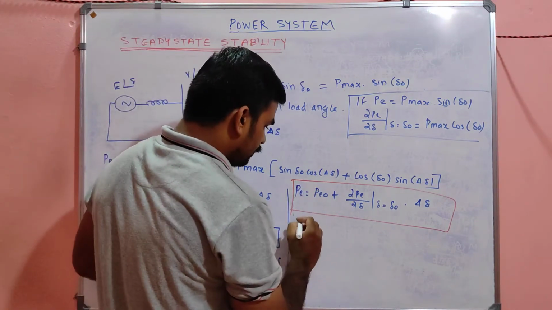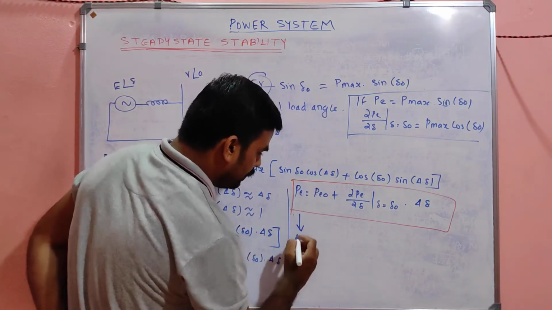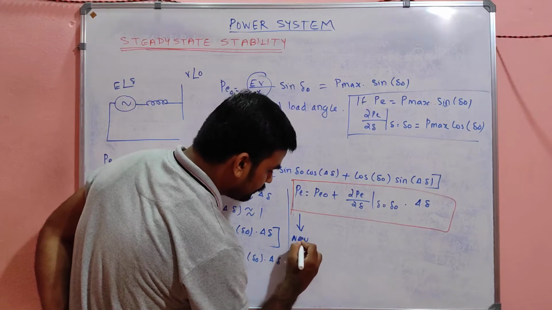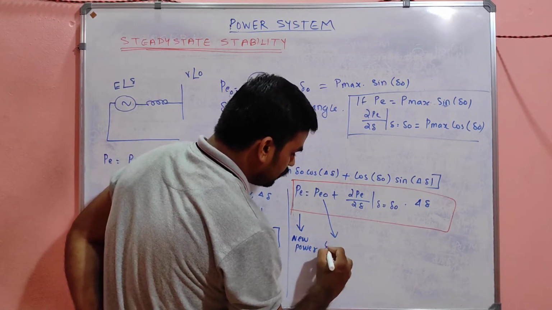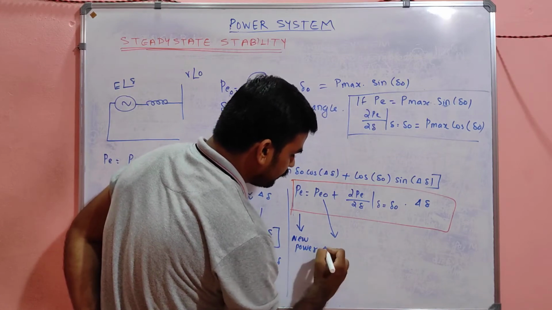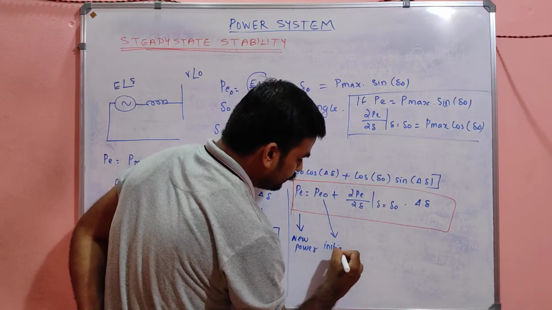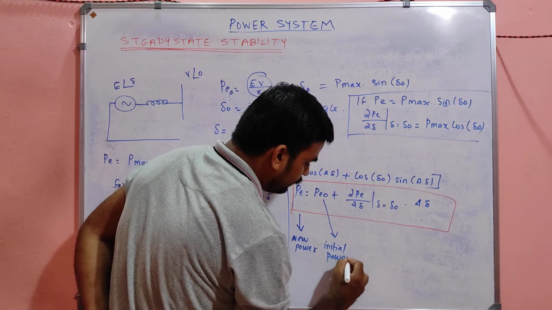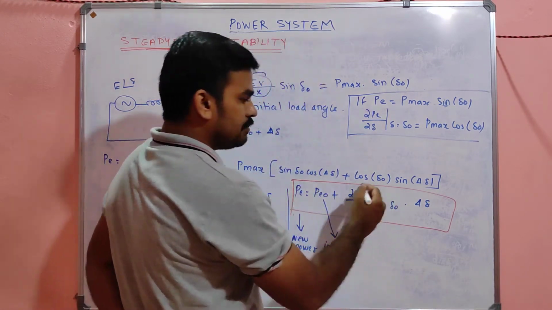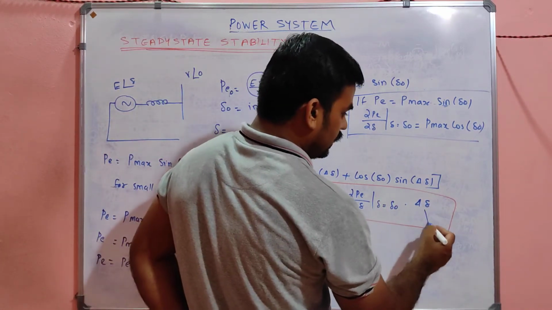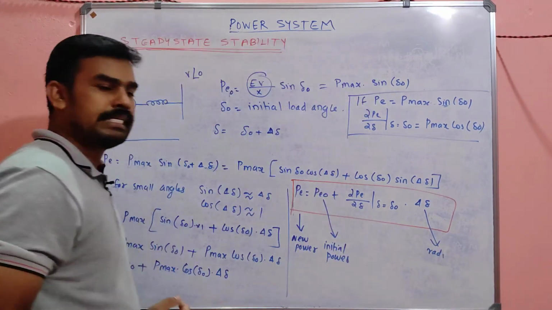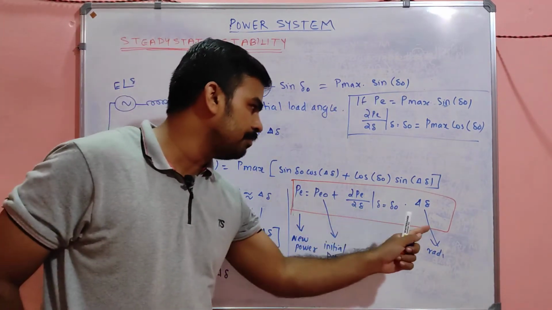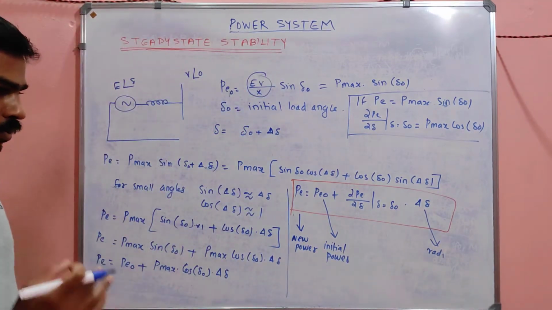P is nothing but the new power, and this is the initial power, plus this will be a constant, and this is in radian. This angle is always in radian, so you should take care of this parameter. This del is always in radian.